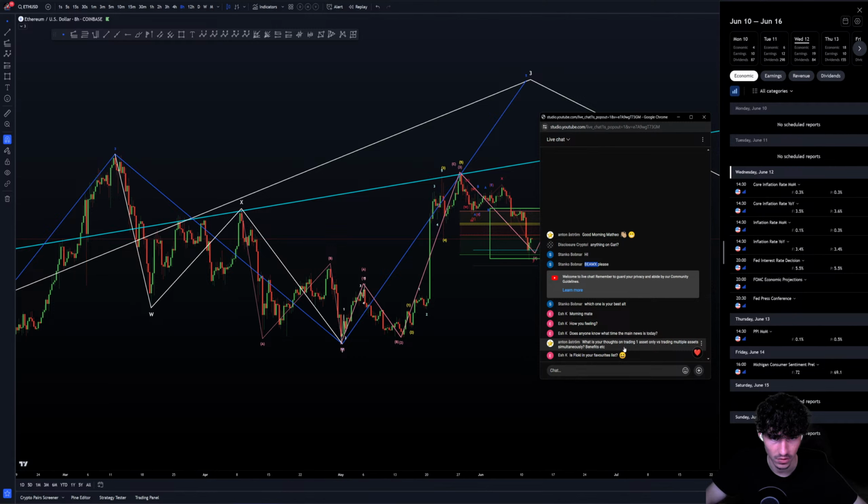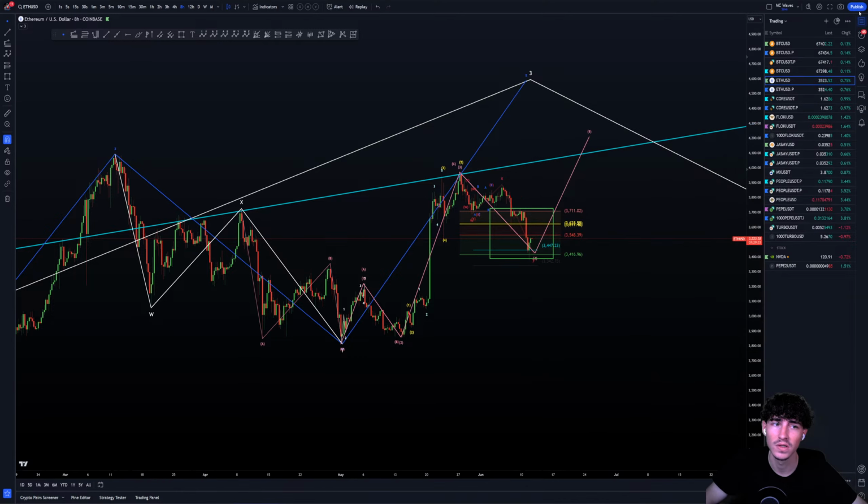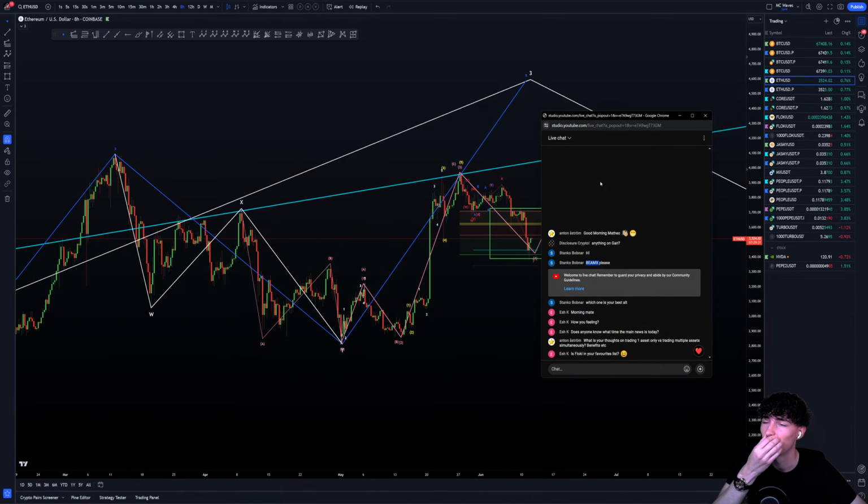Were you through on trading one asset only, or multiple assets? It really depends on the state of the market. It also depends on how you are trading.